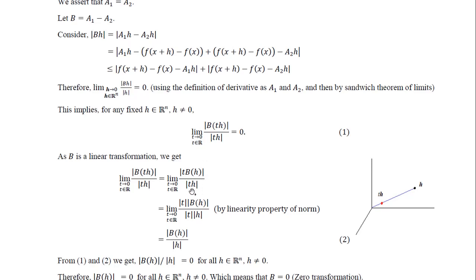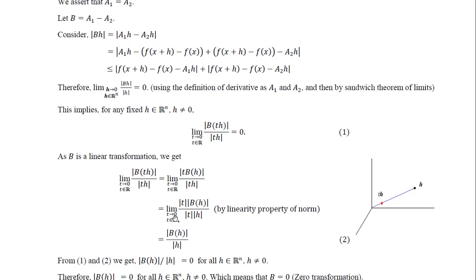Now on both sides, because t is a scalar, simply by the definition of a norm, the third property of the norm in the definition, we have to simply write it as norm t into norm of this, and norm t into norm of h. And in particular t being a real number, norm t means absolute value of t.